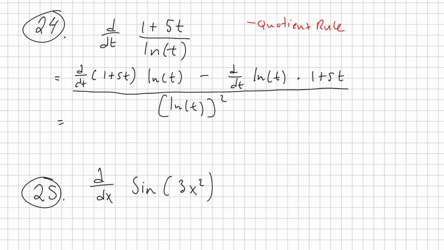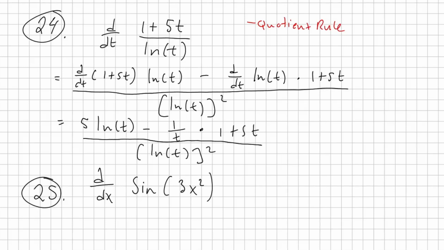So this is basically 5 times the natural log of t, minus 1 over t multiplied by 1 plus 5t, all divided by the natural log of t squared. Alright, so that's that.